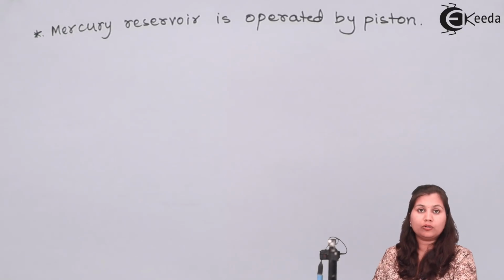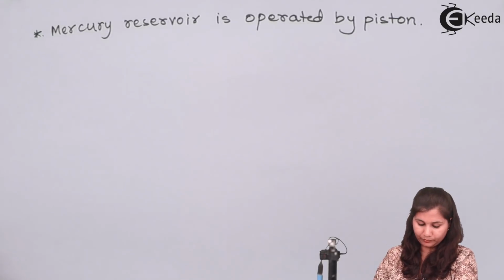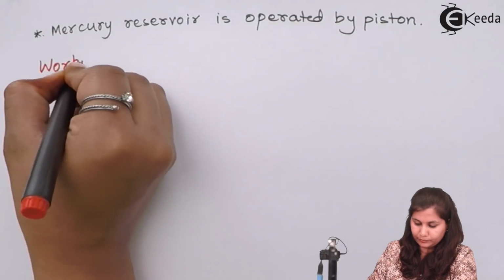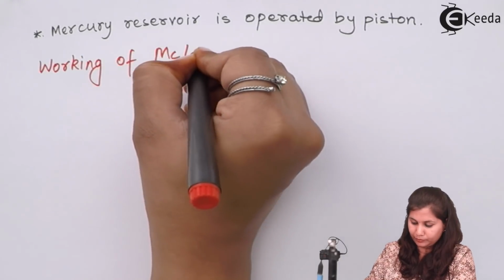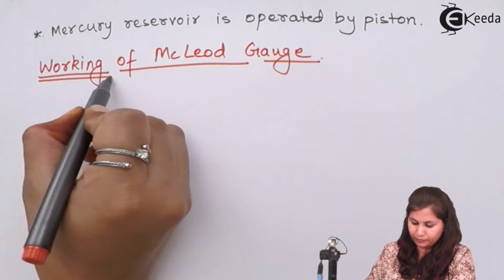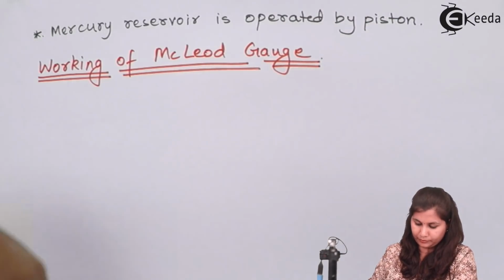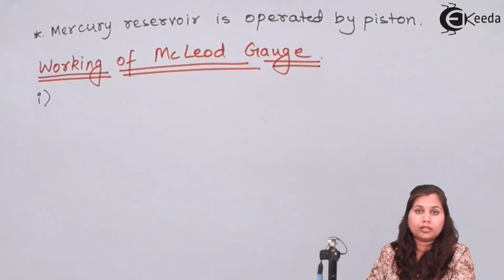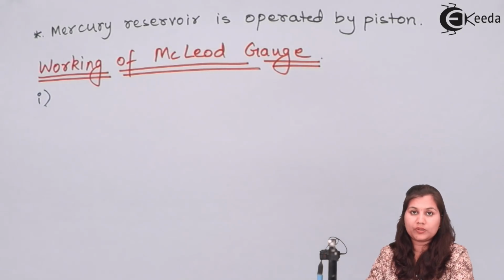Now let us see the working of the McLeod gauge, that is, how this gauge measures the pressure. The McLeod gauge uses Boyle's law for the measurement of the pressure. So first of all, we have to apply the pressure on a known volume of gas.